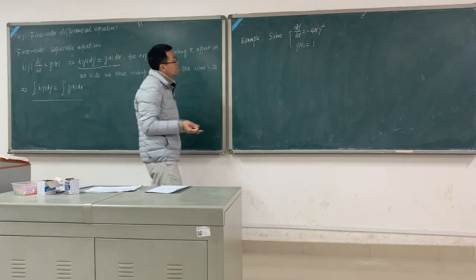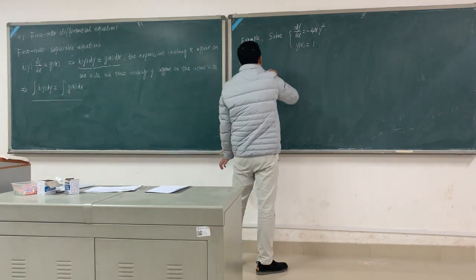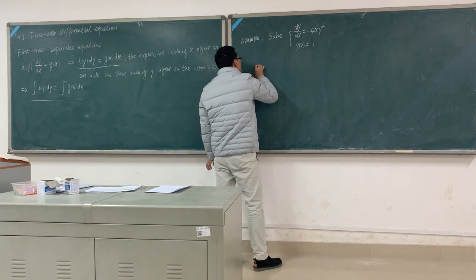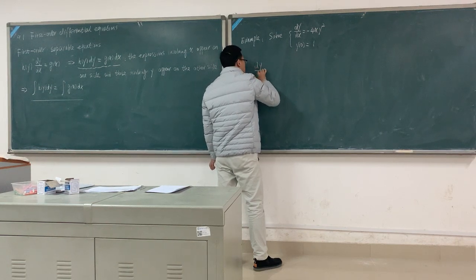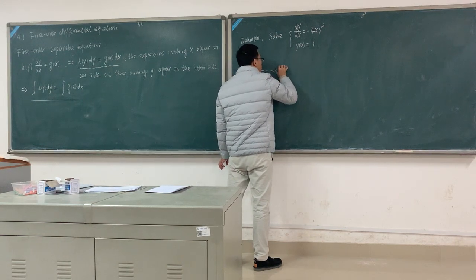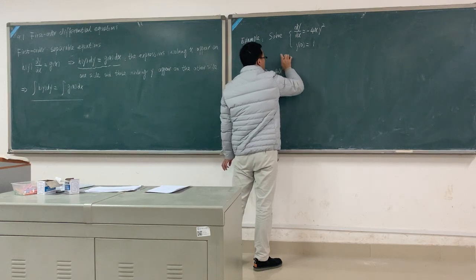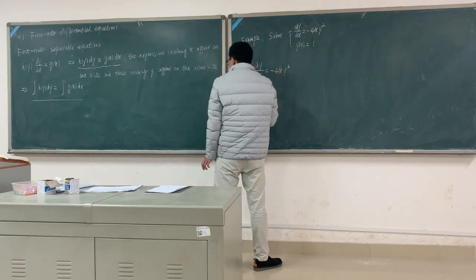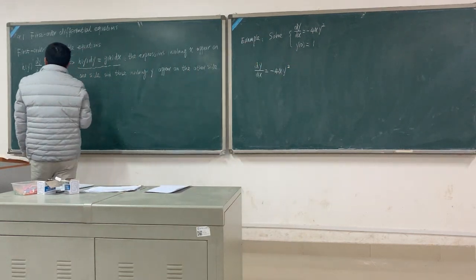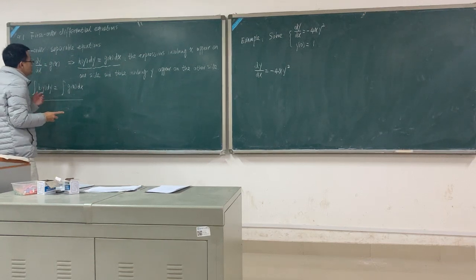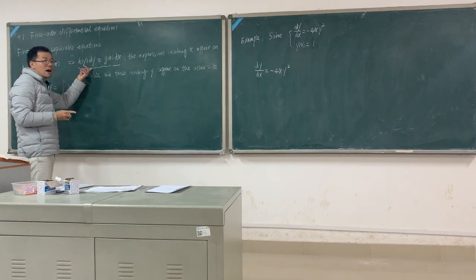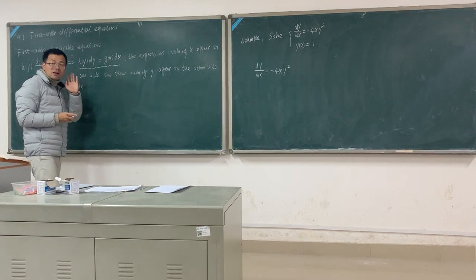Here, dy/dx equal to minus 4xy squared. First, we should write y on one side and x on the other side.